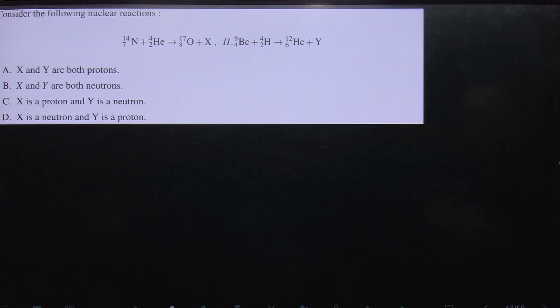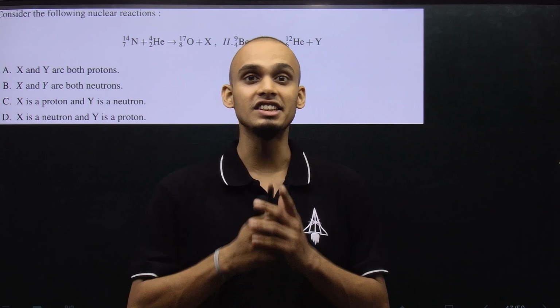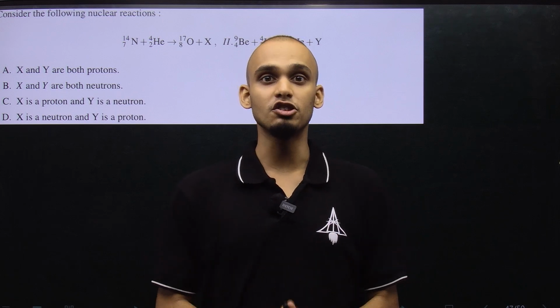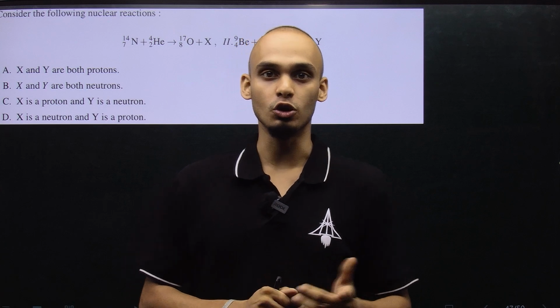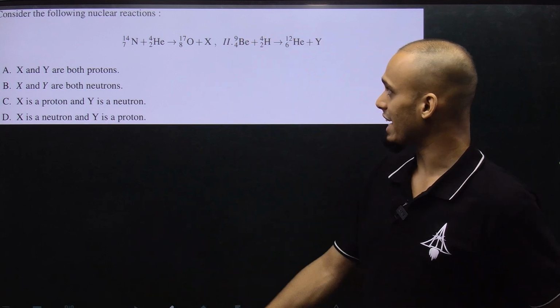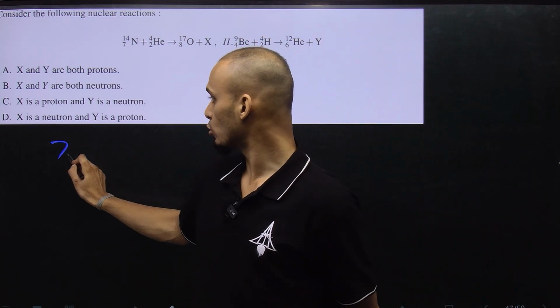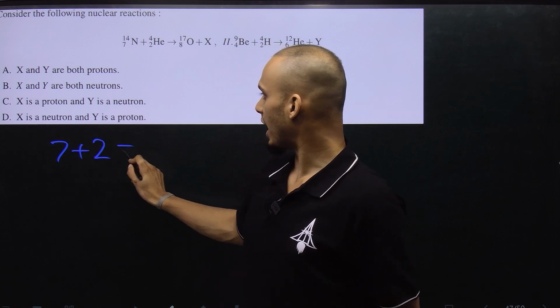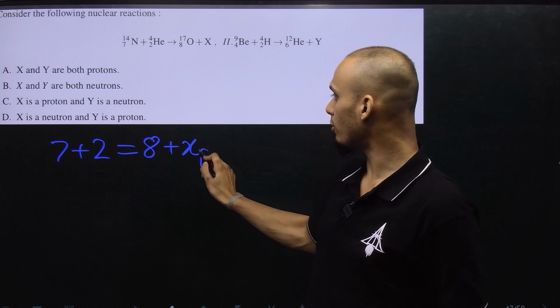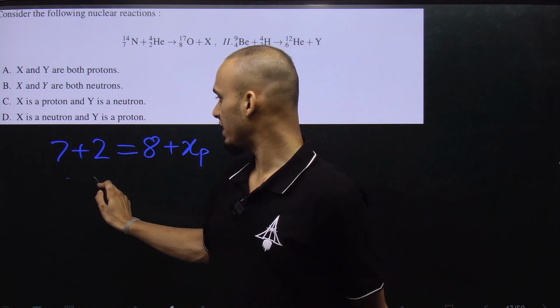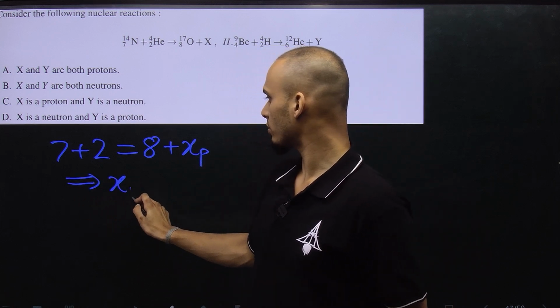Next question, we have following reactions. In nuclear reactions, just like we balance chemical reactions in chemistry, all we have to do is balance the number of protons and the total number of nucleons. Let's see. In the first reaction, LHS has 7 plus 2 protons and RHS has 8 plus some number of protons of X. So from here we get X will have 1 proton.